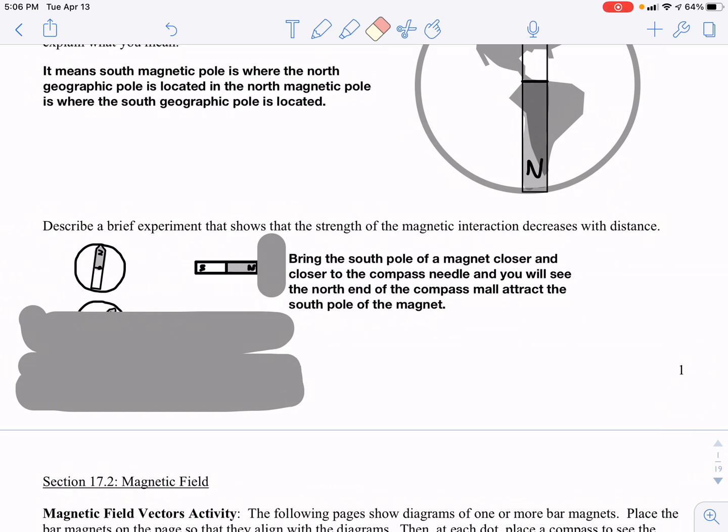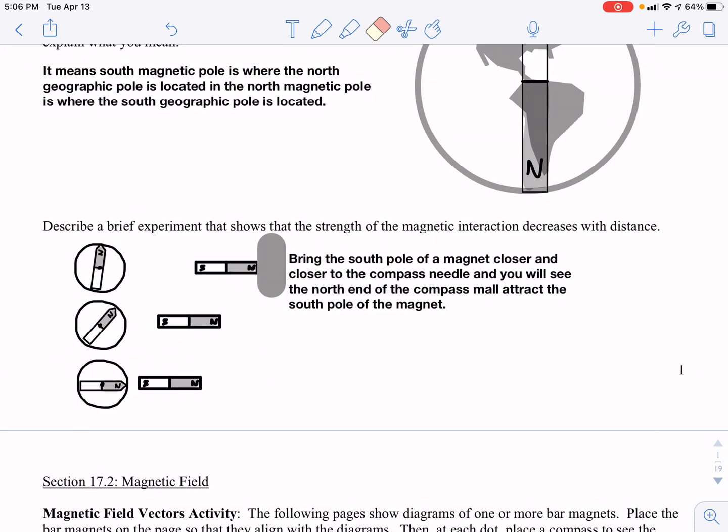We have a compass needle that's pretty far away from a bar magnet, and you can see the compass needle is starting to deflect towards the south pole. If we bring the bar magnet closer, the north end of the compass needle is really starting to deflect towards the magnet now. And as we bring it even closer, the north end of the compass needle points directly at the south end of the magnet. In other words, decreasing the distance increases the magnetic strength of force.